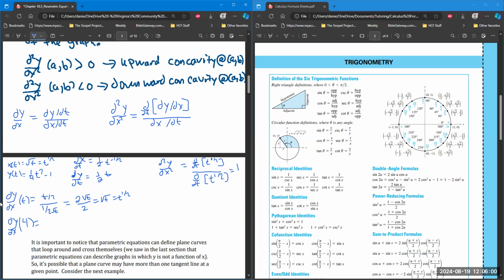That's what we said. And we have the square root of 4 is equal to 2. So we have a positive slope. Since this is positive, we are definitely concave up.